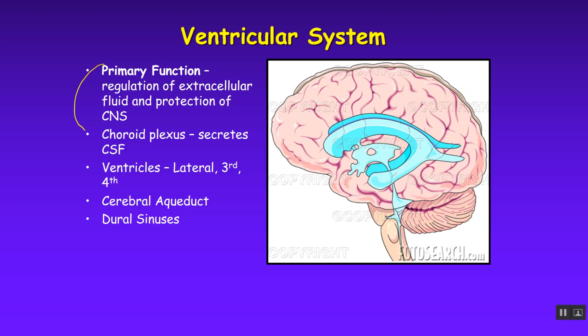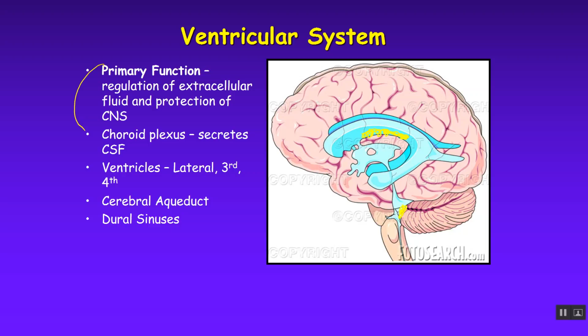What does it do? It's a regulation of extracellular fluids and protection of the CNS, so it gets to the outside of the central nervous system. It's formed by what's called choroid plexus. There's a couple places in the ventricles where you have some little choroid plexus that basically filters your blood, and it's almost like a plasma, that you get the clear cerebrospinal fluid formation from, okay?